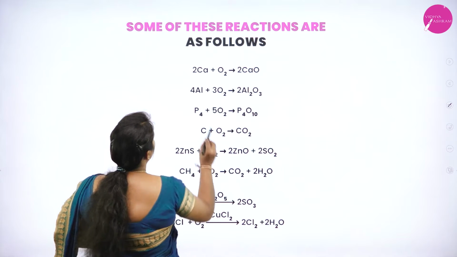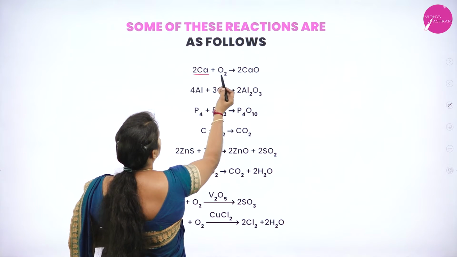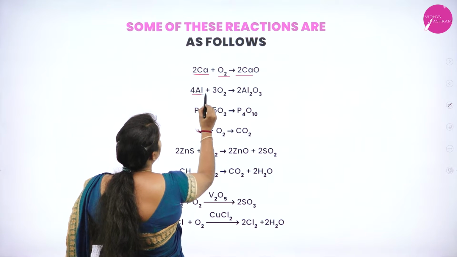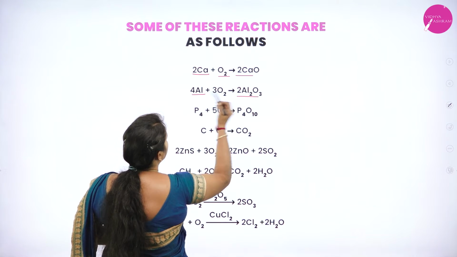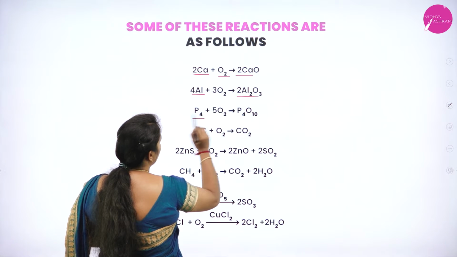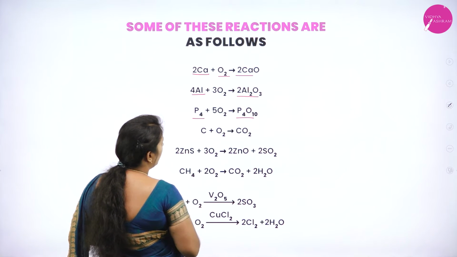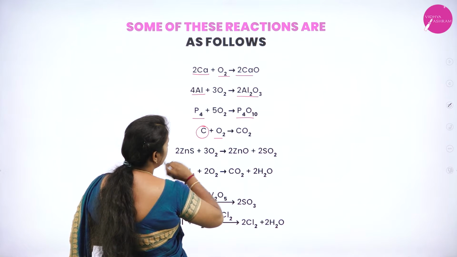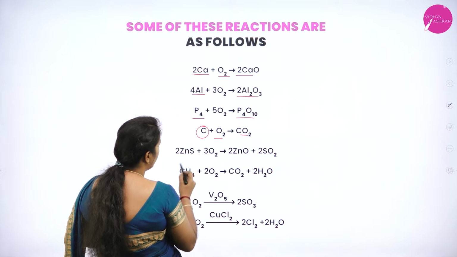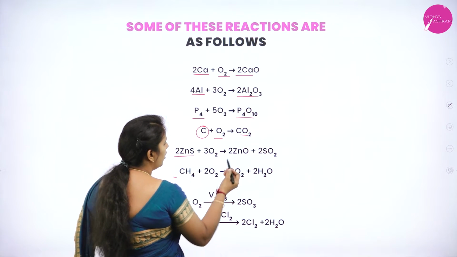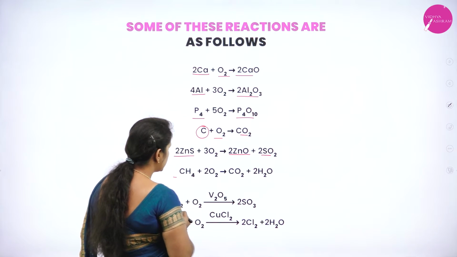You can see that calcium, which is a metal, reacts with oxygen to form calcium oxide. Similarly, aluminium reacts with oxygen to form aluminium oxide. P4 reacts with oxygen to form P4O10, and carbon, a non-metal, reacts with oxygen to form carbon dioxide. Dioxygen can also react with zinc sulfide to form zinc oxide and sulfur dioxide.